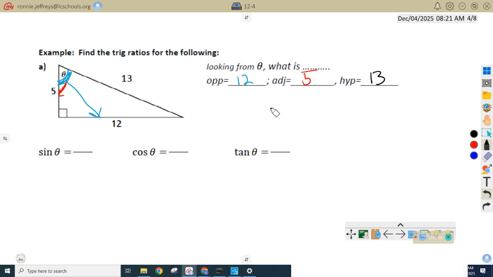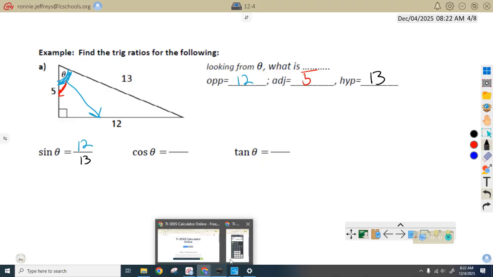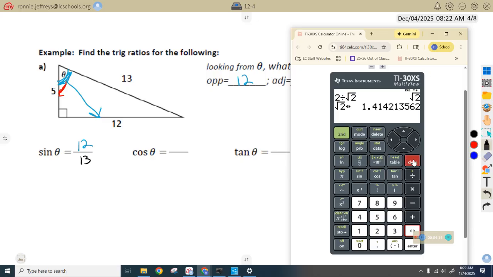So sine is our opposite, which is 12, over our hypotenuse, which is 13. And that's all you have to do. If you want to see if it reduces, you would get the calculator out and enter 12 n over d 13, enter, and you would see if it would reduce, but this one doesn't.